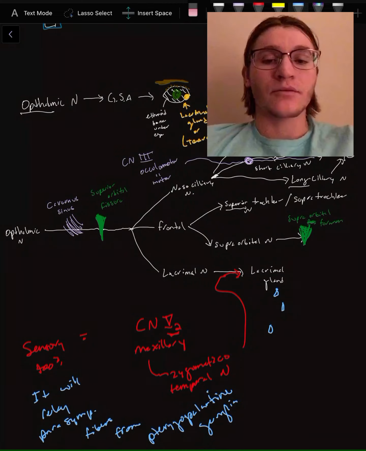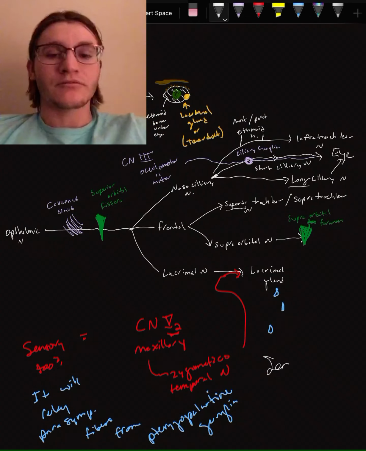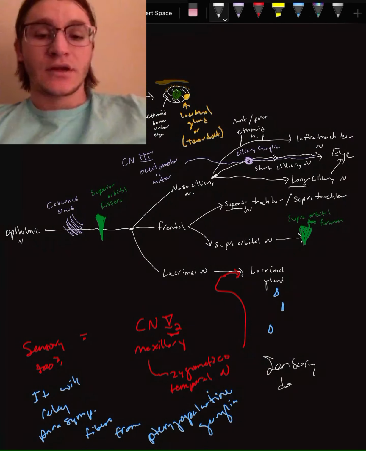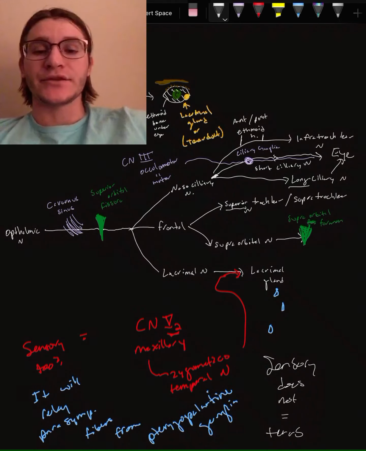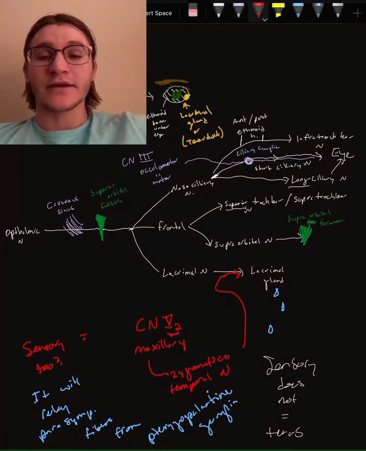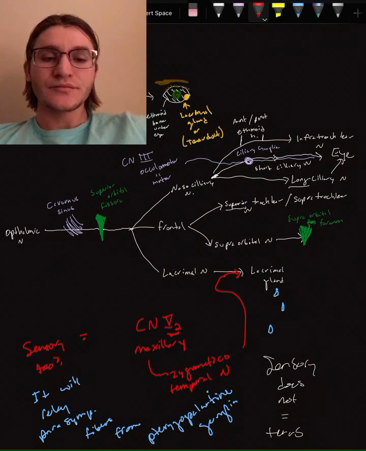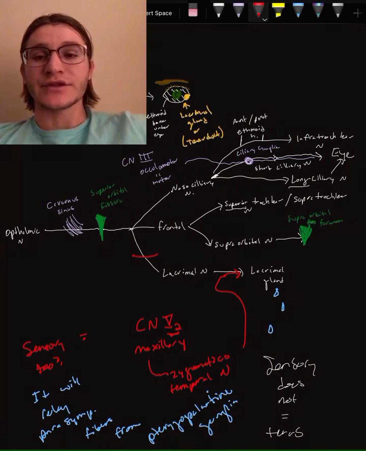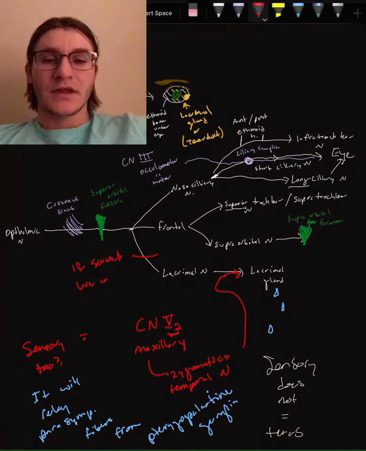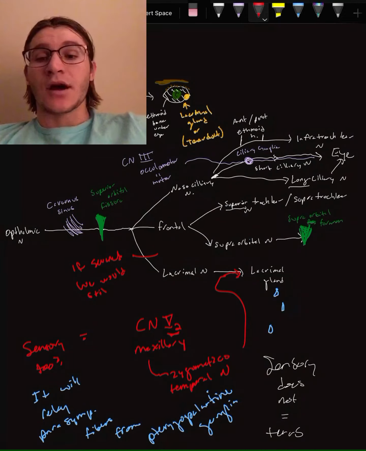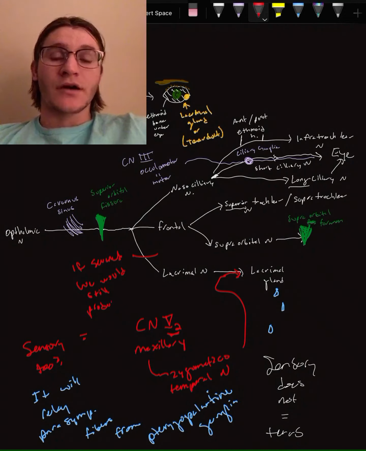However, if we have our lacrimal nerve severed, we could still have tears. So it depends on where it's severed and where it got hurt from. But if you're unable to make tears, that means you damaged your zygomaticotemporal nerve, because they're both sensory, so we need those parasympathetic fibers.